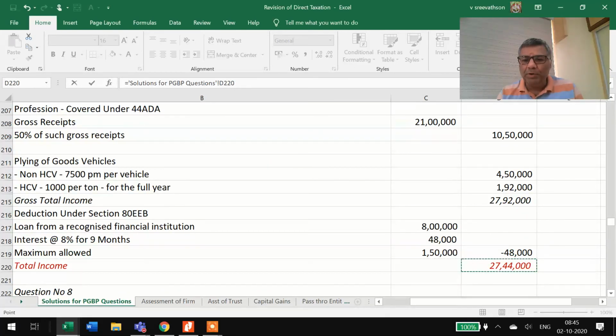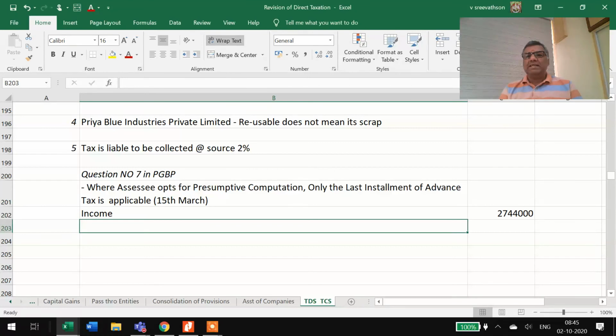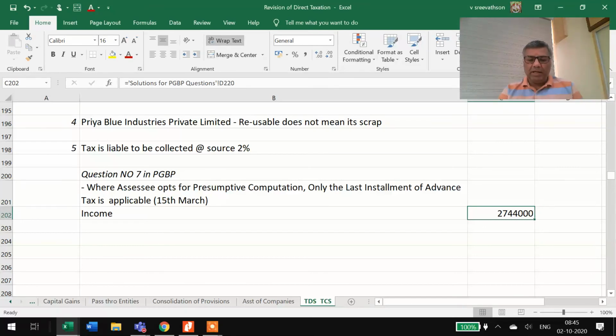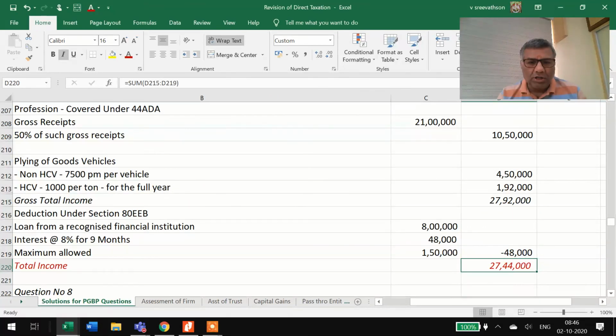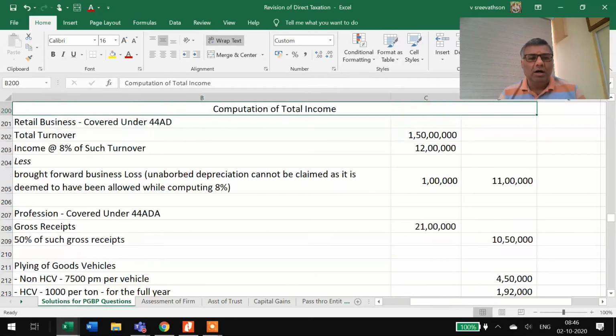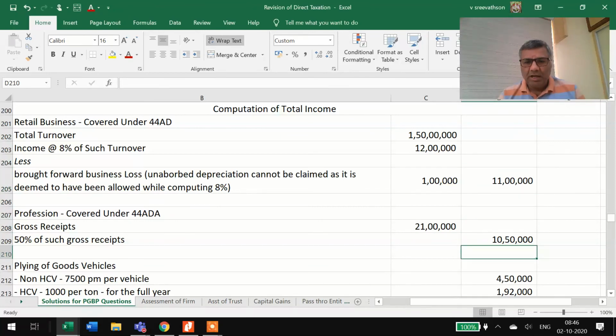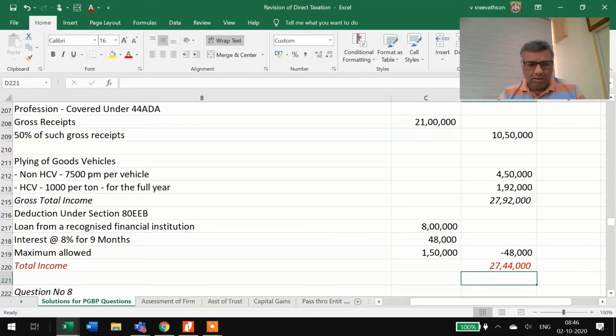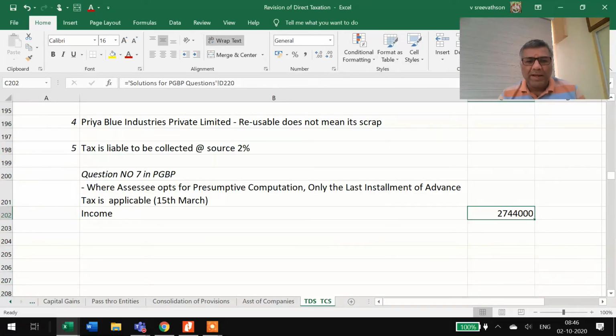The income we have computed in that question is 27,44,000. It consisted of all the three presumptive taxations: retail segment, professional segment, and the motor car. From here, I continue the question.